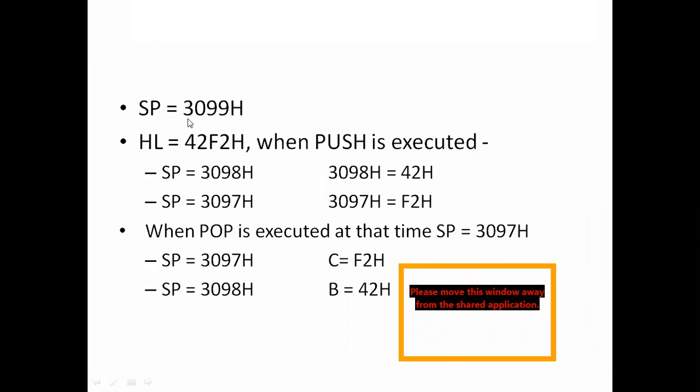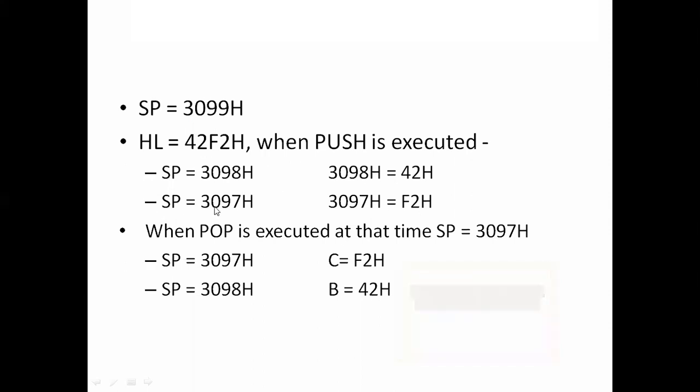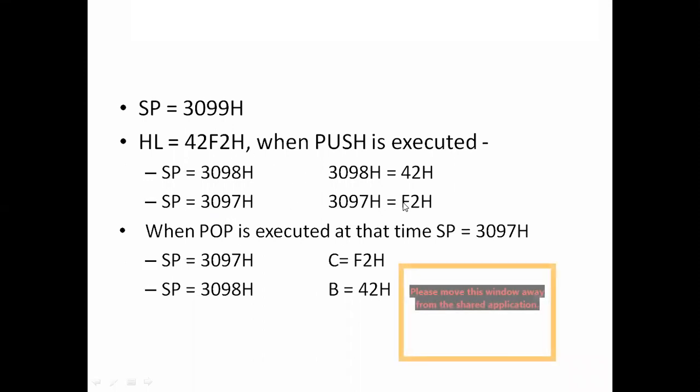Previously SP was 3099 and the HL pair was 42F2. When push is executed, SP is first decremented so that it becomes 3098, and at 3098 the content of H, that is 42, is stored. Again SP is decremented by 1 so that it becomes 3097, and at 3097 the content of the L register is stored.